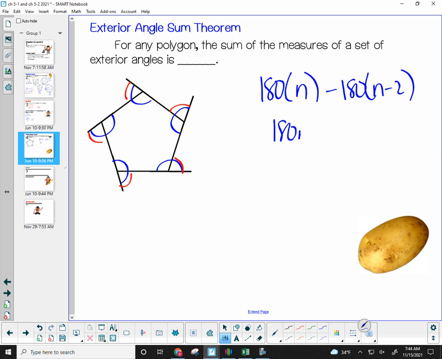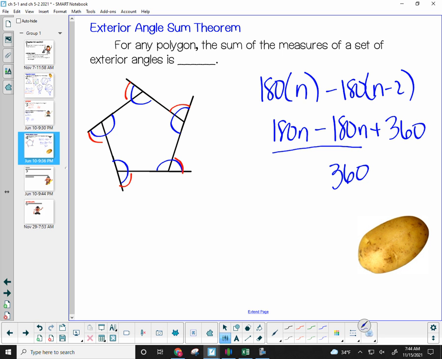We have 180n minus, I need to distribute, 180n plus 360. Well, what happens right here? There's 0, right? Good, that's awesome. Okay, so that means it doesn't matter how many sides you have, how many angles you have.